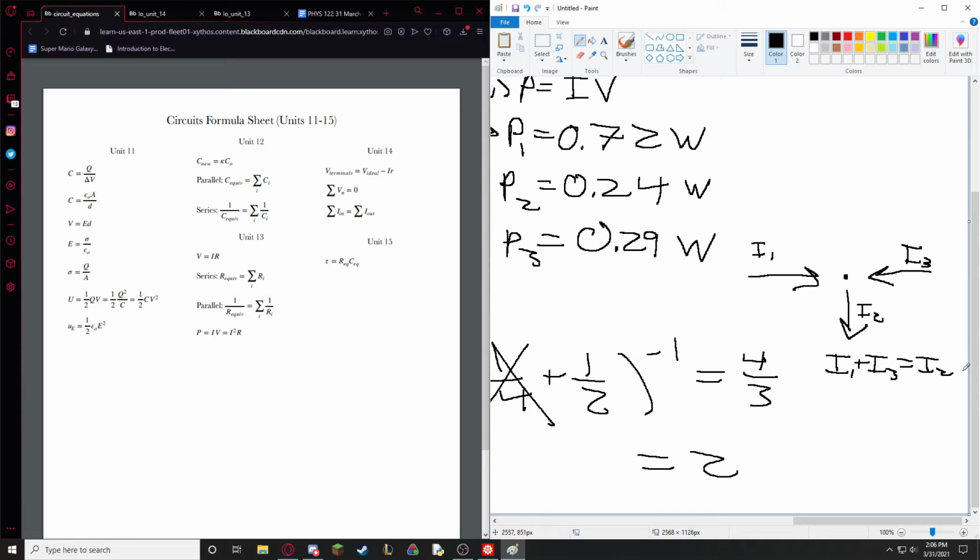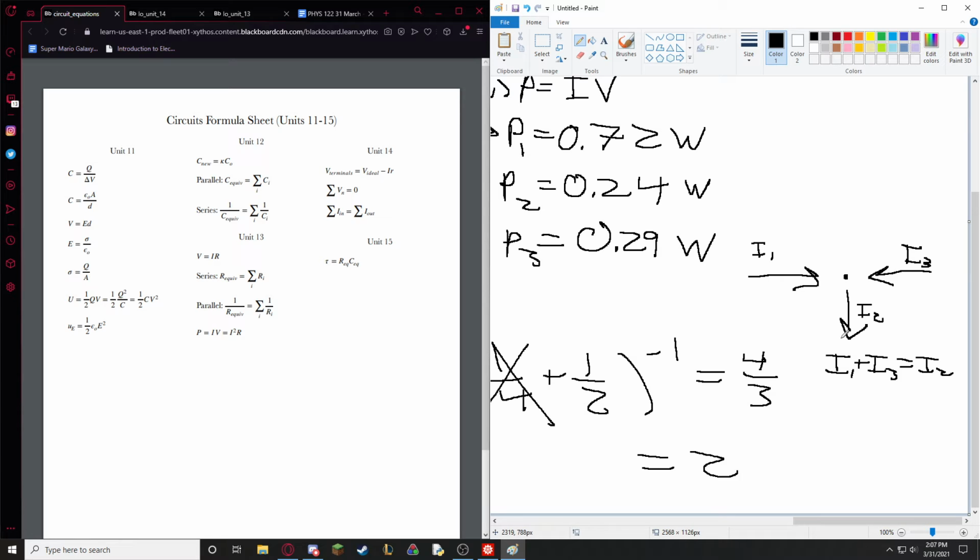So if I say I1 was going to the left instead, and I2 were going up, that would be I3 plus I2 equals I1. Yep, exactly. And once again, it really doesn't matter how you define what directions your currents are going.